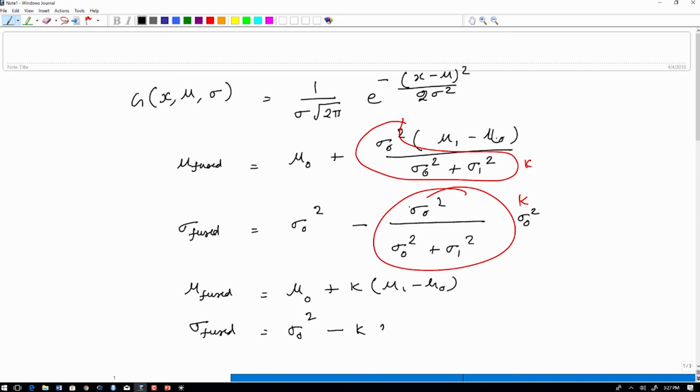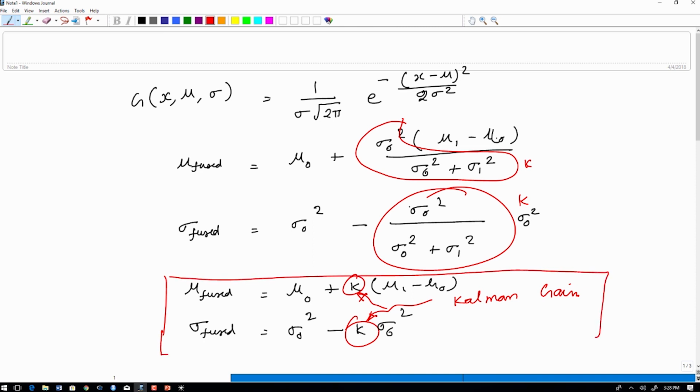This k we can consider as the Kalman gain. You can compare this with a complementary filter, which makes it a little easier. In the complementary filter we use a complementary gain, a filter gain. Similarly, we have this Kalman gain.